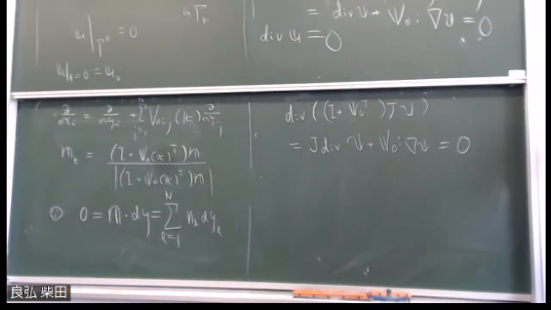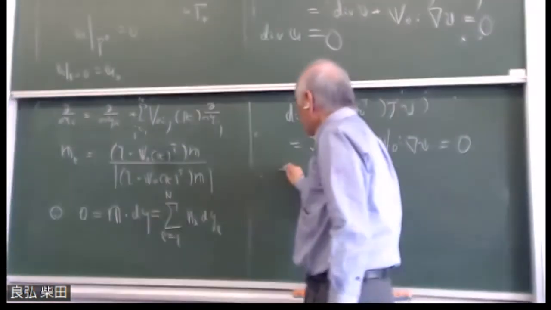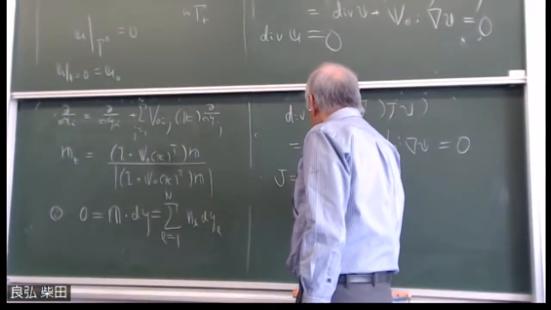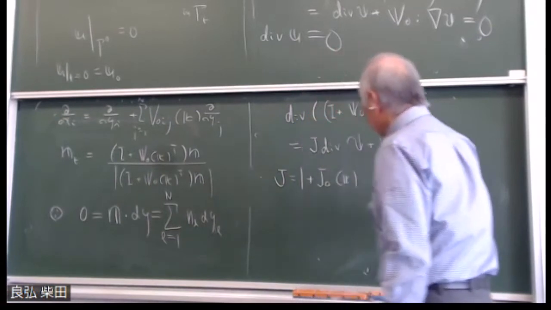So this is the divergence free condition. And now also the J is carried out as J plus J0 k, so it depends.